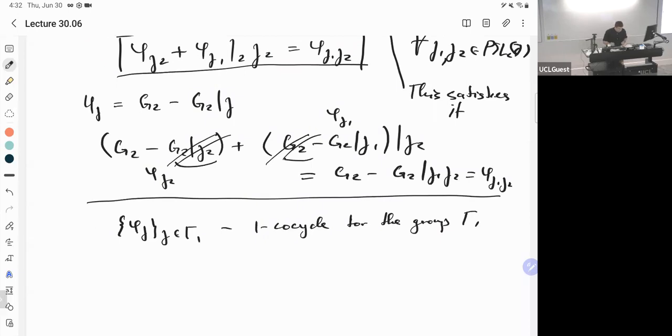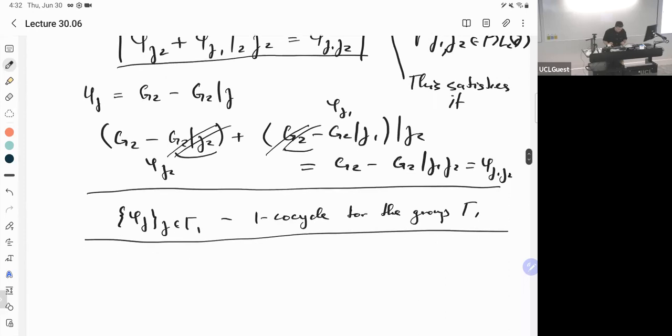If you're not familiar with group cohomology, I won't really use any results from it, but just to give you some idea what it's related to.